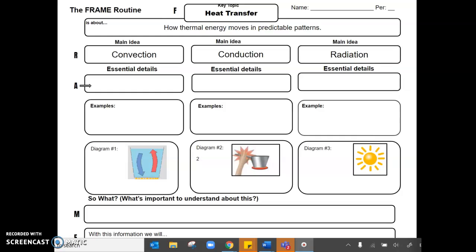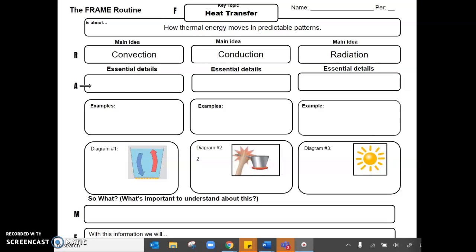One of the things to be aware of when using the FRAME is it's really tempting to use this as a note-taking worksheet, where you simply write down the essential details and students copy them. If you do this, it's organized, but you're missing the real power of the FRAME content enhancement routine.